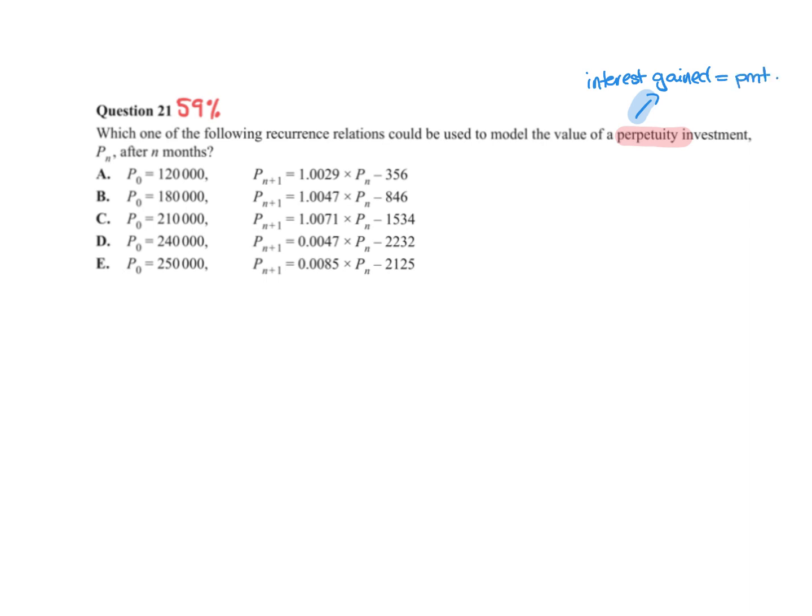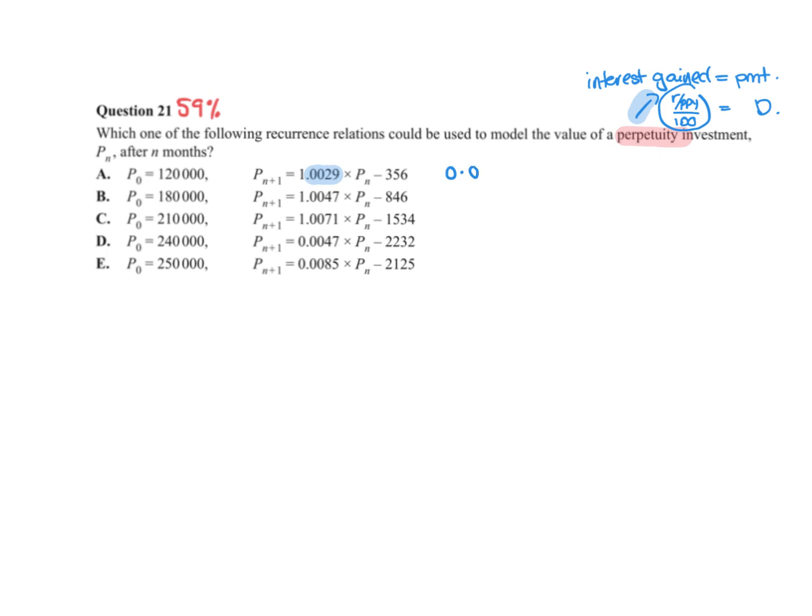So what we know, that interest gain is that little bit, the R PPY over 100 bit. That's the interest you're gaining, and it'll equal the D amount. So we're just doing like what we did before. We're just taking the bit that earns the interest, which is that bit.